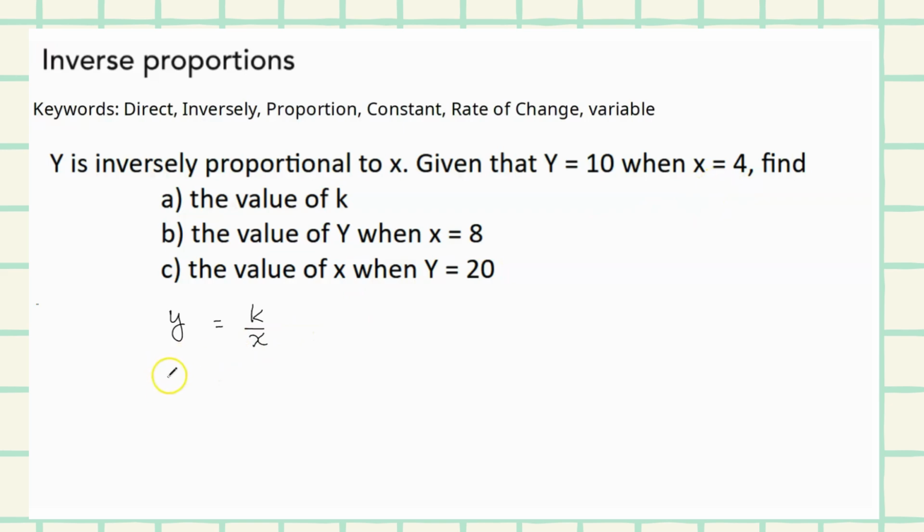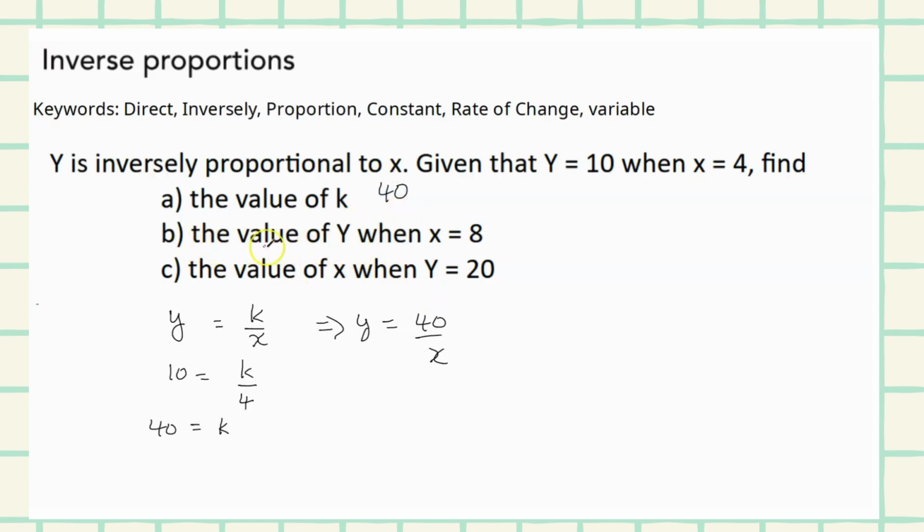So y is 10, so we input 10 there where y is, and we have k over x. X is 4. So it means that k would be 4 times 10, which is 40. So we can write our equation then from this. Y is equal to k, which is 40, over x. So here k would be 40.